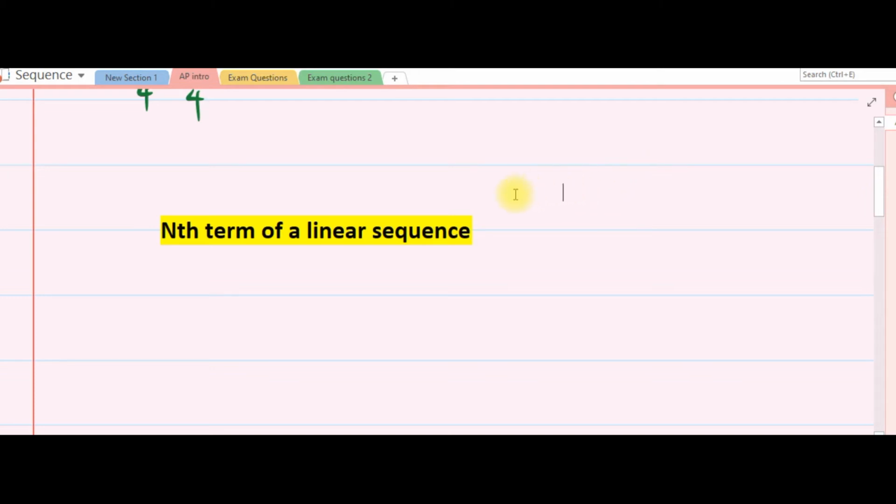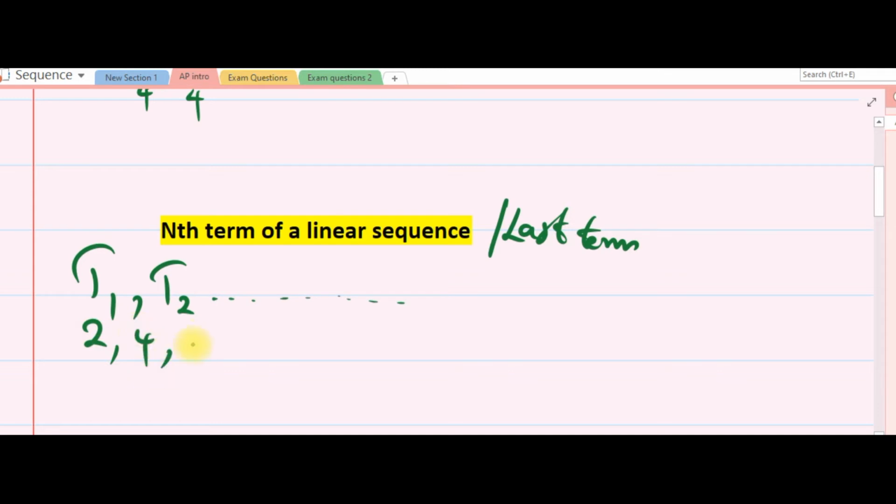The nth term or the last term. If you don't call it nth term, we call it the last term of the sequence. So we are going to get an expression for the nth term of a linear sequence. Assuming T1, T2 are the terms of an arithmetic progression, let's use 2, 4, 6.